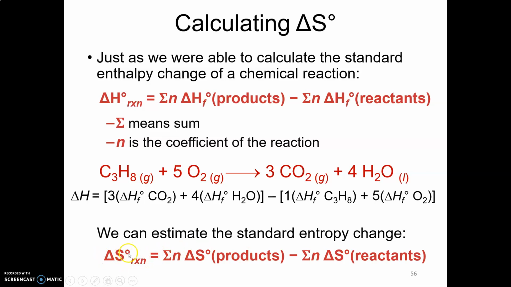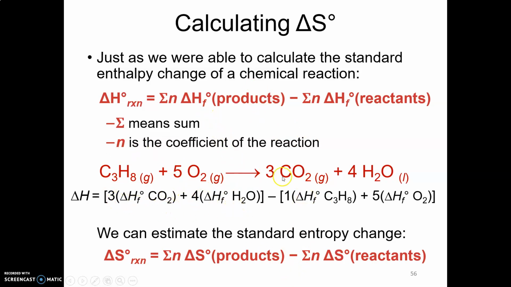Delta S reaction, with the degree meaning standard states, is equal to the sum of the standard molar entropies of the products times their coefficients minus the sum of the standard molar entropies of the reactants times their coefficients. So this general idea of products minus reactants is exactly the same. It just means we're going to be plugging in different numbers here.